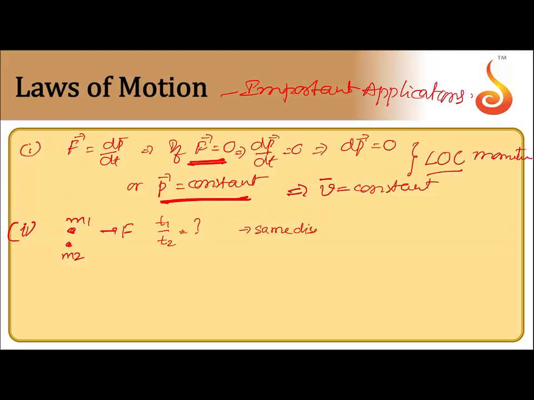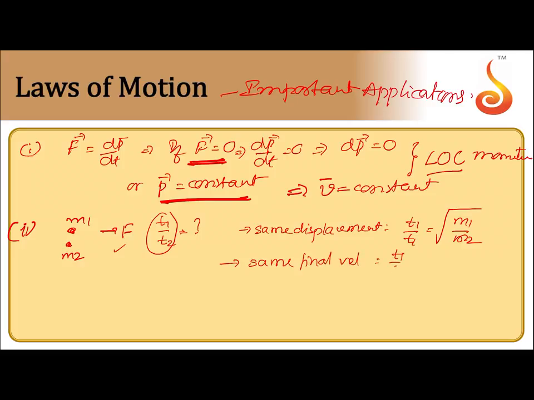First of all, same displacement. So two objects, same amount of force acts on them, and our objective is to find the ratio of time such that same displacements occur. If that be the case, T1 by T2 is equal to square root of m1 by m2. Suppose they have same final velocity, then the ratio of time T1 by T2 is equal to m1 divided by m2.